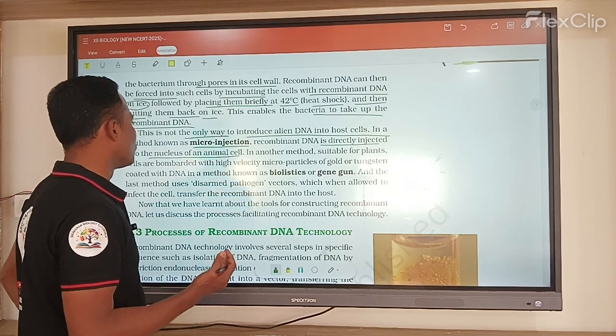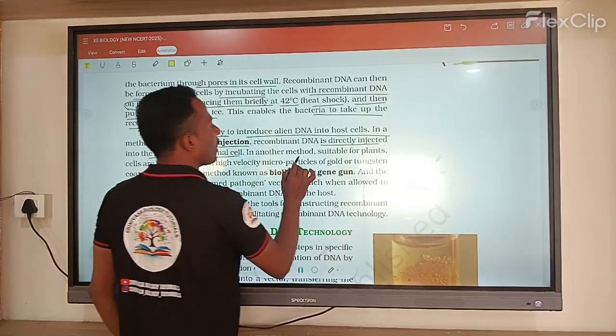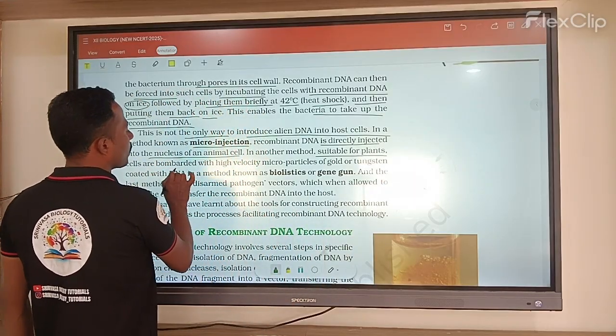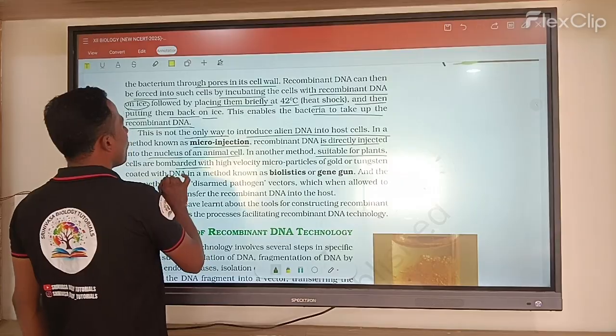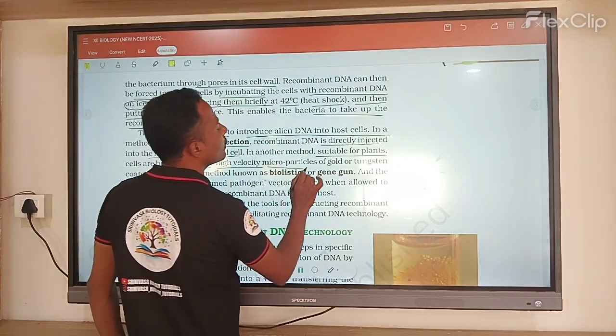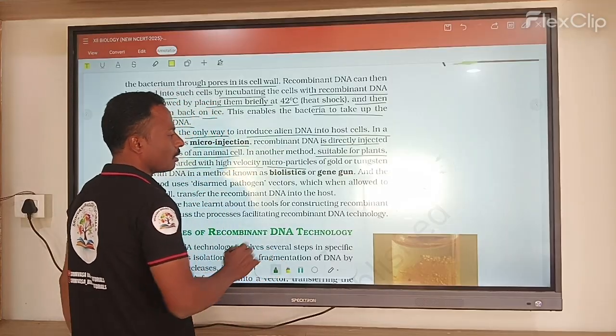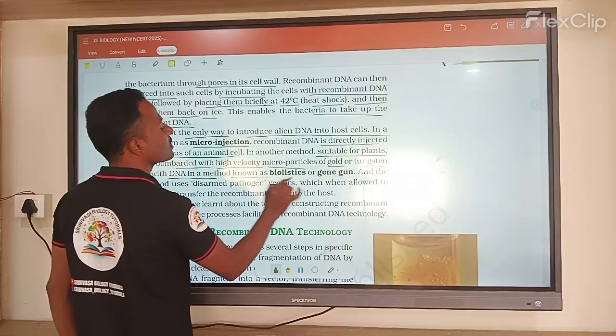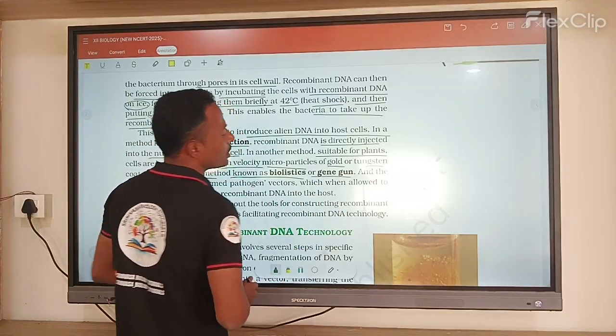Another method, suitable for plant cells, is where cells are bombarded with high velocity micro-particles of gold or tungsten coated with DNA. This method is known as biolistics or the gene gun method.